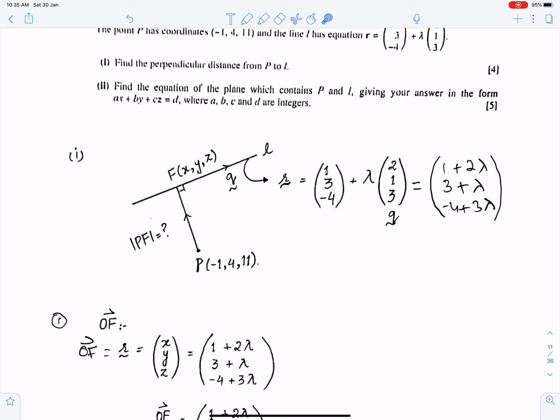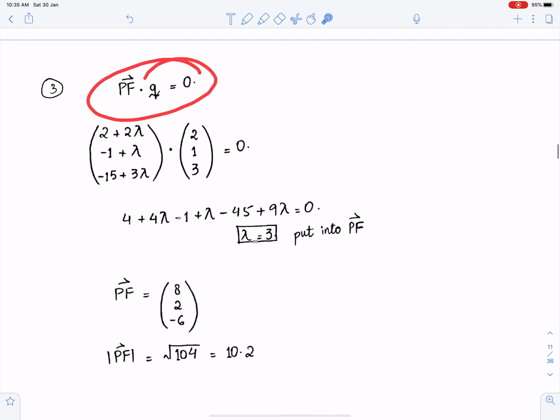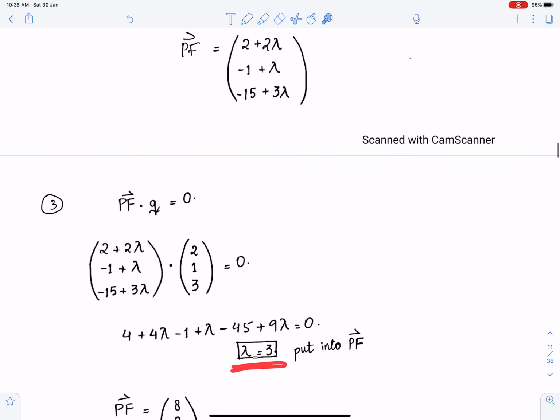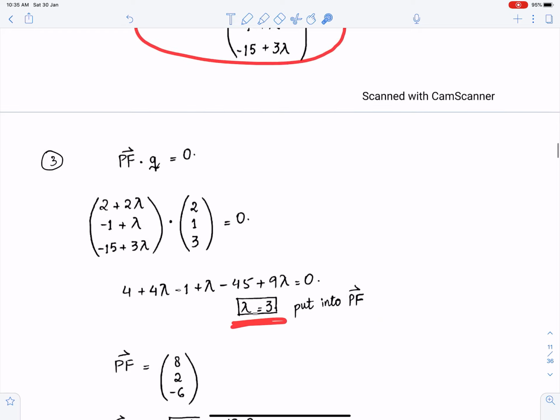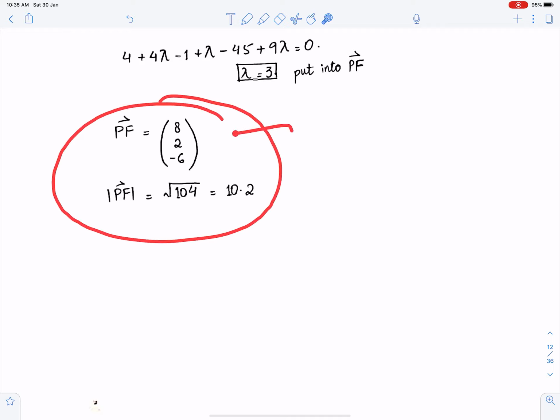This is Q. So by taking the dot product of these two vectors, we have this and we have the value of lambda. Now after getting the value of lambda, substitute lambda back into this equation, PF. This is PF, and this is the magnitude of PF.